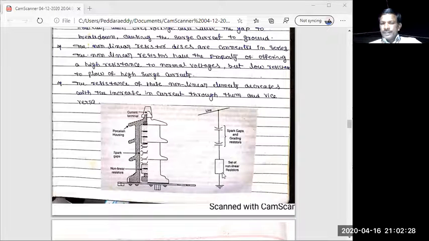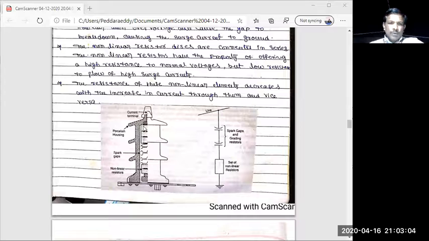This valve type lightning arrestor is connected between line and ground. Coming to a practical valve type lightning arrestor, this shows the cross-sectional view. This is the current terminal, where the conductor is connected. The top end is connected to the conductor and the bottom end is connected to the earth.